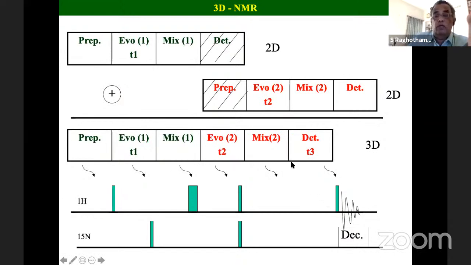So there are 3 time domains, and you have to do a triple Fourier transformation and eventually get the 3D spectrum. Like that, there is 4D, there's 5D, and there can be ND. But soon you lose your signal, so practically you cannot do more than 5 or 6. But people are tempted, 6, even up to 8, I think.